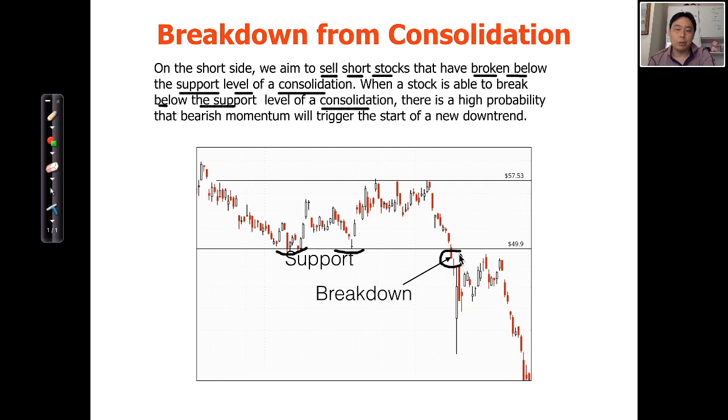So it means that suddenly there were so many sellers that all the buyers over here had their orders filled. There are no more buyers left, but there are still many, many sellers, and no one wants to buy anymore, right? And that triggers the price to just collapse all the way down. So once it breaks below a strong support, there's a high probability that bearish momentum will trigger the start of a new downtrend. And that's again when we want to get in to short the stock and profit as the price goes down.